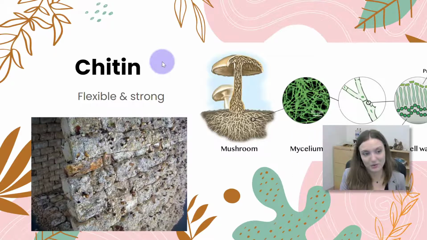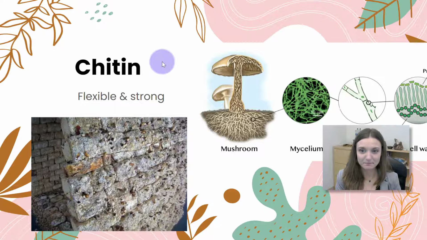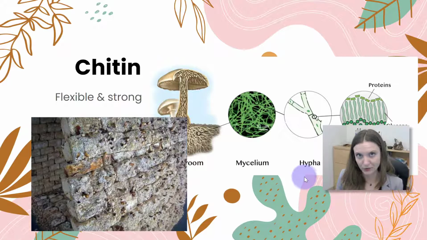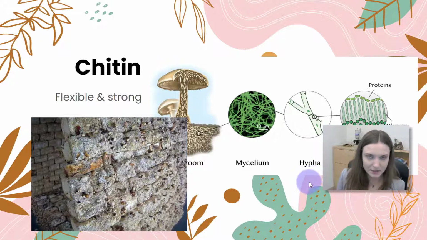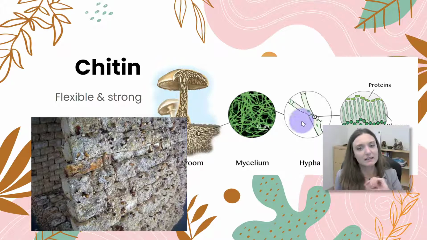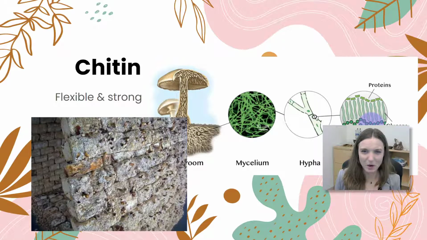The other key component that is really helpful for fungi existing on land is chitin. So chitin is a polymer of glucose, kind of related to cellulose that we saw in plants, and we find it in the cell wall of the fungal cells. So it's a polymer that provides a really flexible strength to those fungal cells. And the reason why this is important is because fungi will often, as they're reabsorbing those nutrients that their digestive enzymes broke down, water will come with it because osmosis.